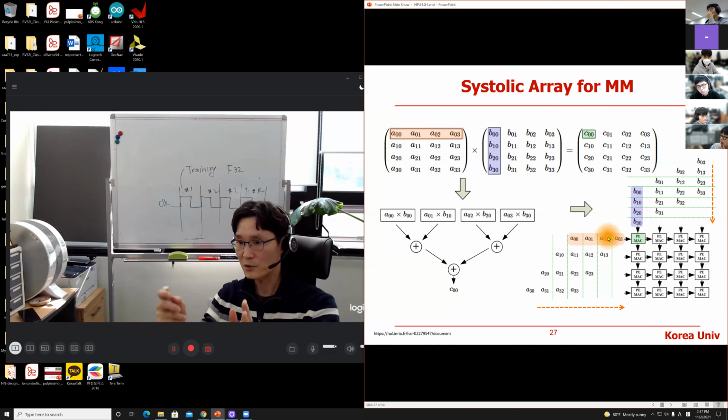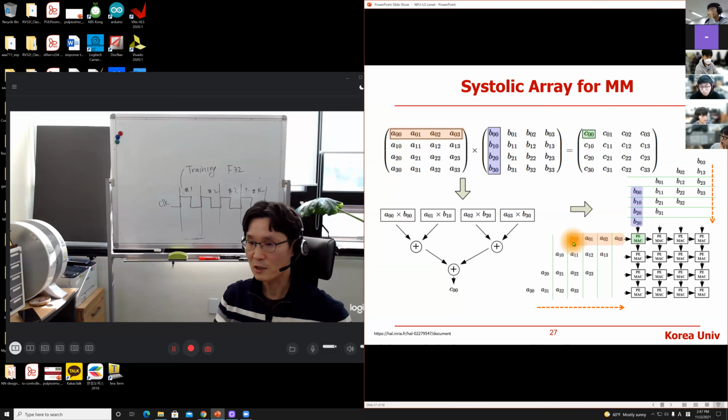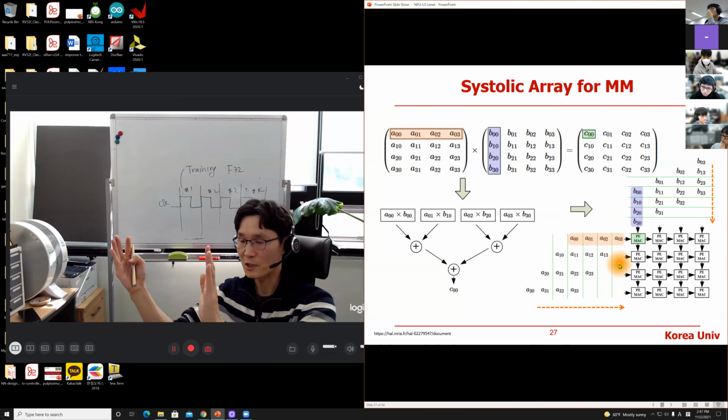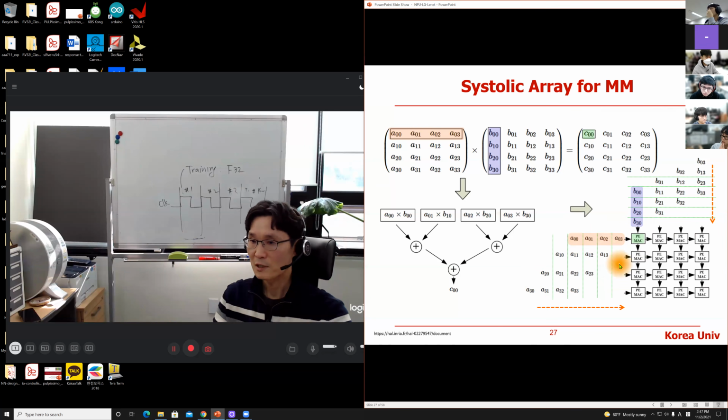Everything is shifted. In the first clock cycle, that whole information is shifted in. The vertical column data is also shifted in toward the bottom.